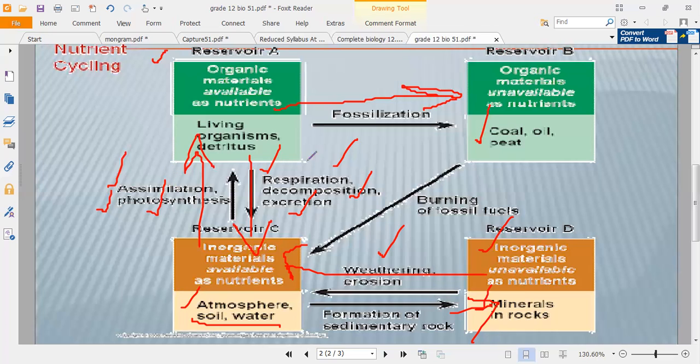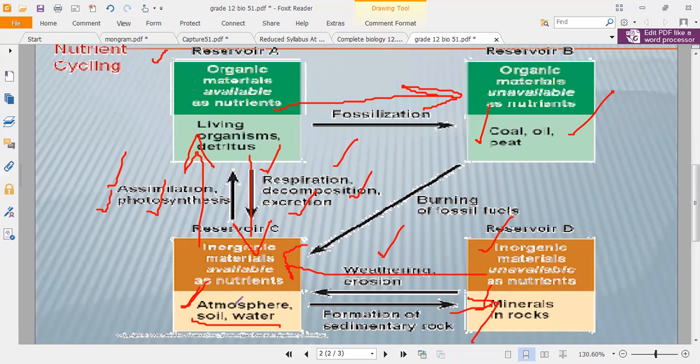As well as, unavailable organic materials move into the available reservoir. This is unavailable right now, as it takes millions of years, but it becomes available in the inorganic nutrients reservoir, where fossil fuels are burned and released into the atmosphere.